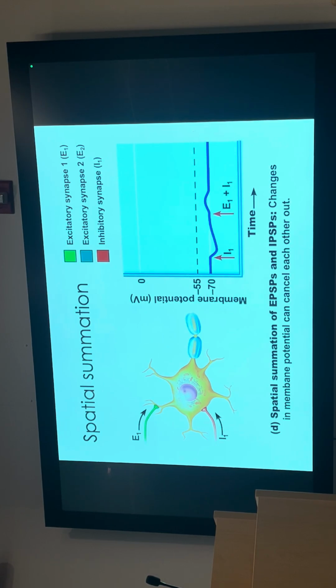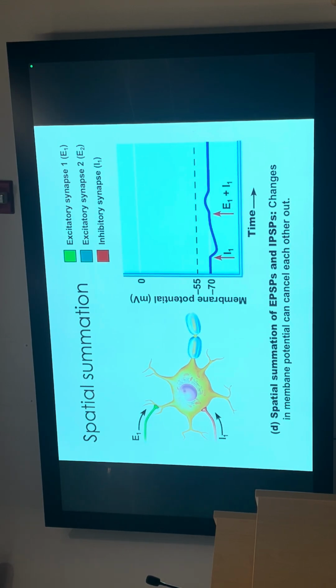This one's axodendritic. But the concept here is that one's excitatory, one's inhibitory, and they cancel each other out. Just multiply that by thousands and thousands, and we could have 1,000 excitatory but 1,500 inhibitory. More inhibitory, we're never going to get to threshold.